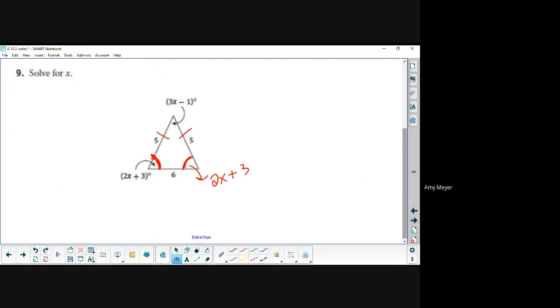Now I can use triangle sum theorem. Add 3 angles to 180 degrees. Questions before I do the algebra? So that's 7x.